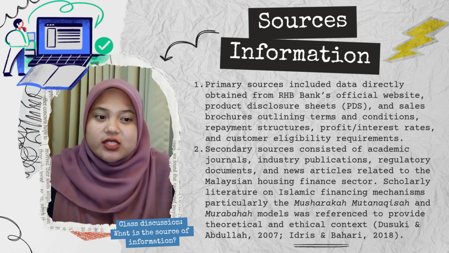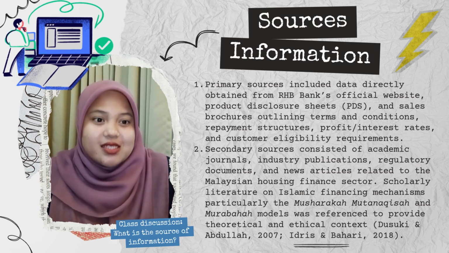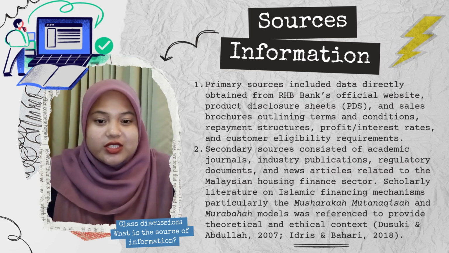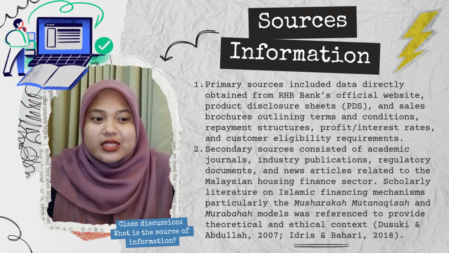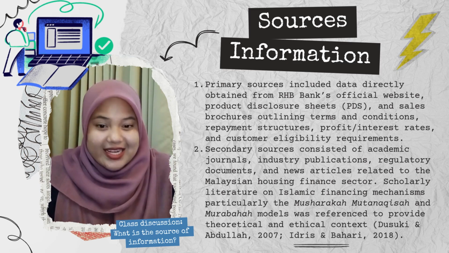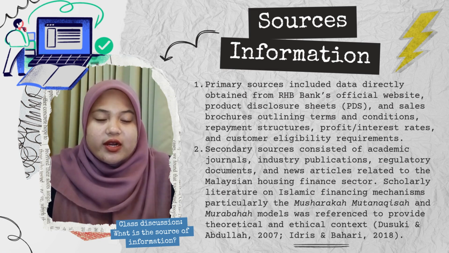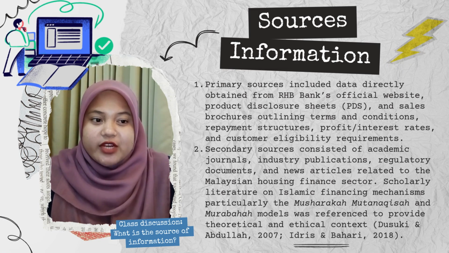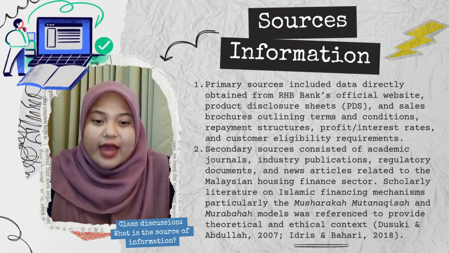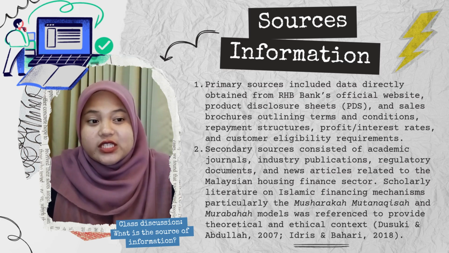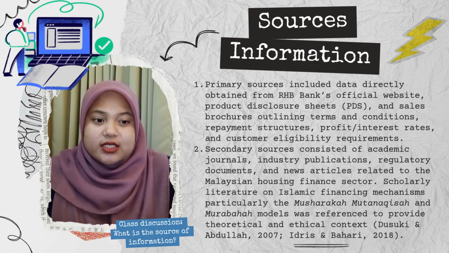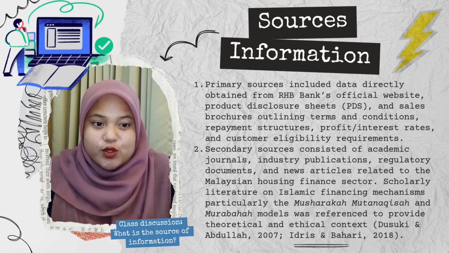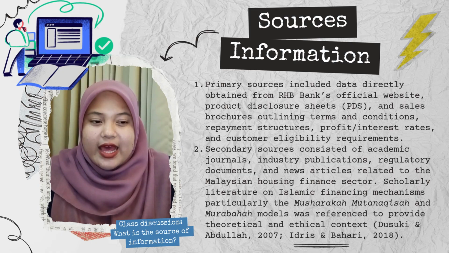Second, secondary sources consisted of academic journals, industry publications, regulatory documents, and news articles related to the Malaysian housing finance sector. Scholarly literature on Islamic financing mechanisms, particularly the Musyarakah Mutanakisah and Murabahah models, was referred to provide theoretical and ethical context, by Dusuki and Abdullah 2007 and Idris and Bahari 2008.